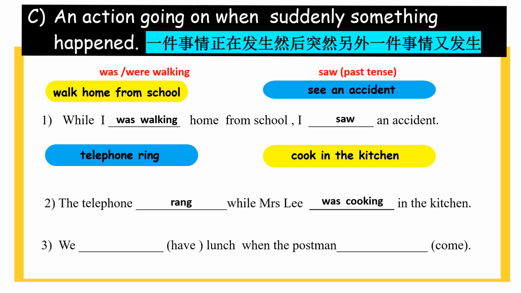Okay, which is the action going on? 哪一个正在？正在吃午餐。突然发生的是什么？Postman 来。Okay, so 正在 remember 正在发生 was were ing 突然的 use past tense. So was were having. We were having lunch when the postman, past tense of come, came. Okay, so listen to me, write the answer.